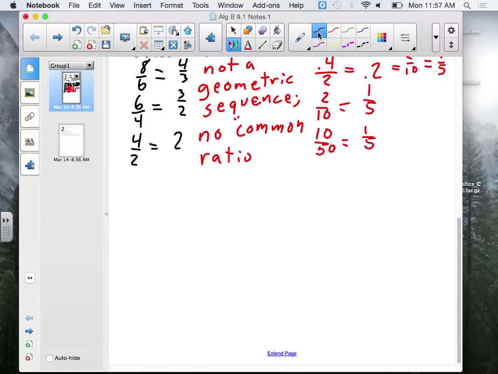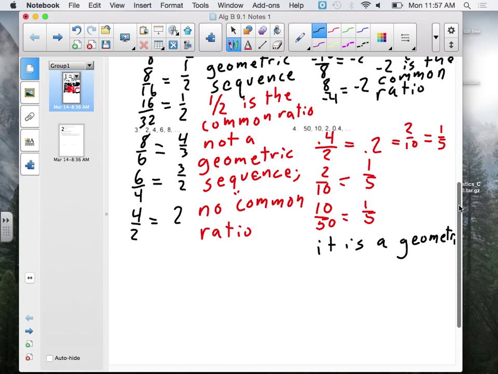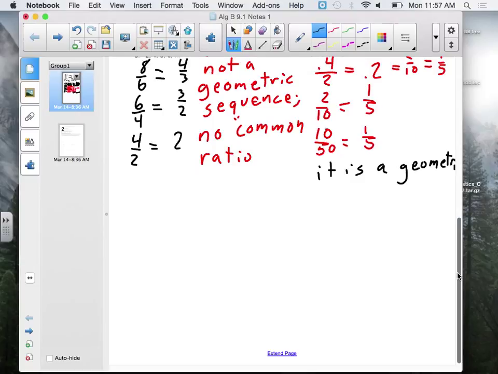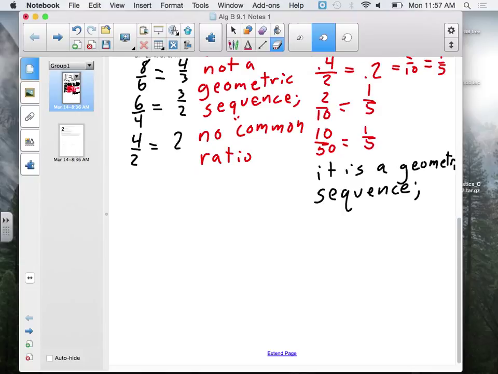So, we said it is a geometric sequence, so it is a geometric sequence. What's our common ratio for this one? 0.2. 0.2 or 1/5.